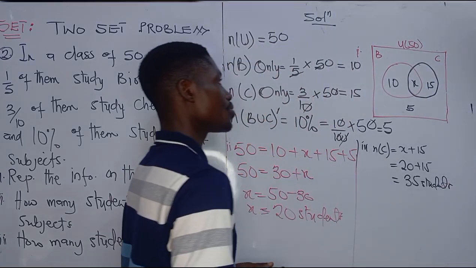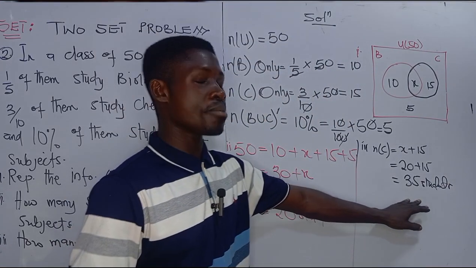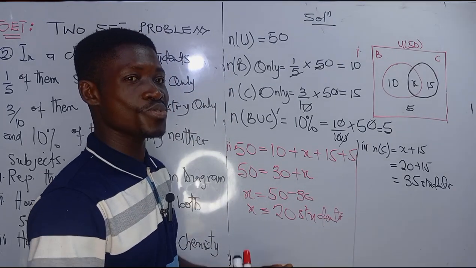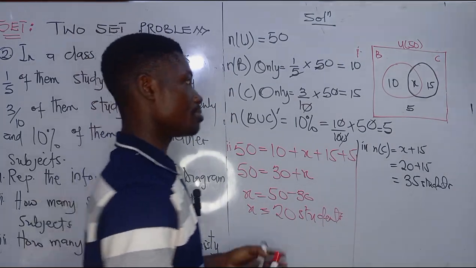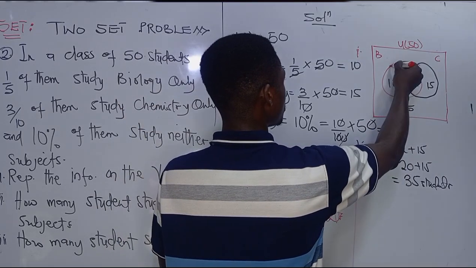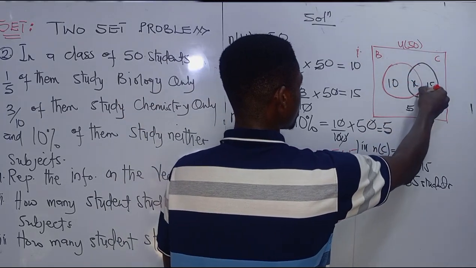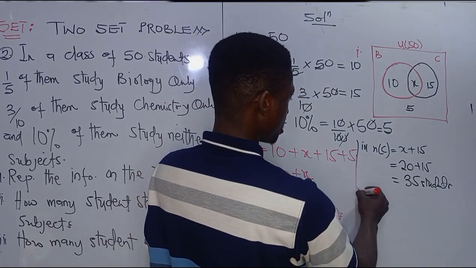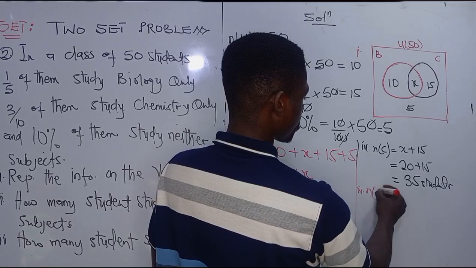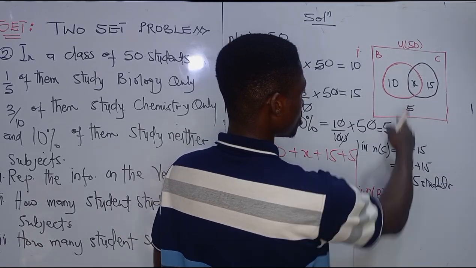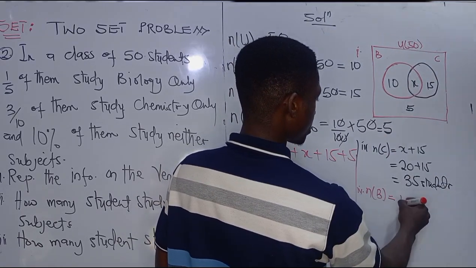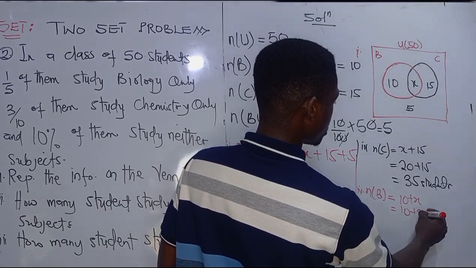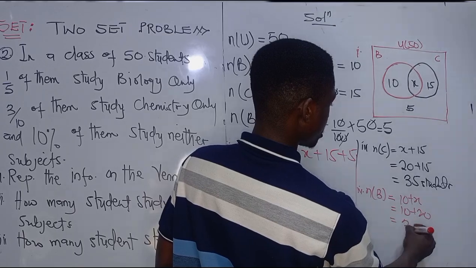So the number of students who read chemistry is 35 students. Now what about the number of students who read biology? The whole of this circle is for biology. So for biology, we are going to have 10 plus x, and that gives us 10 plus 20, which is 30.